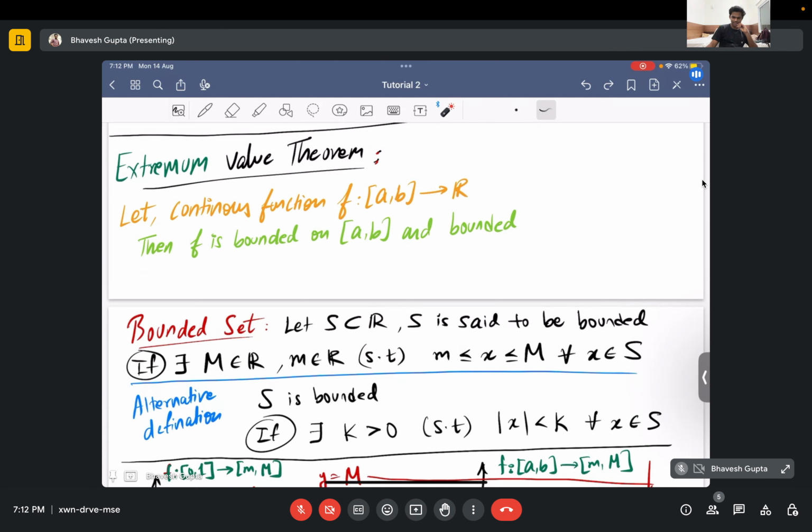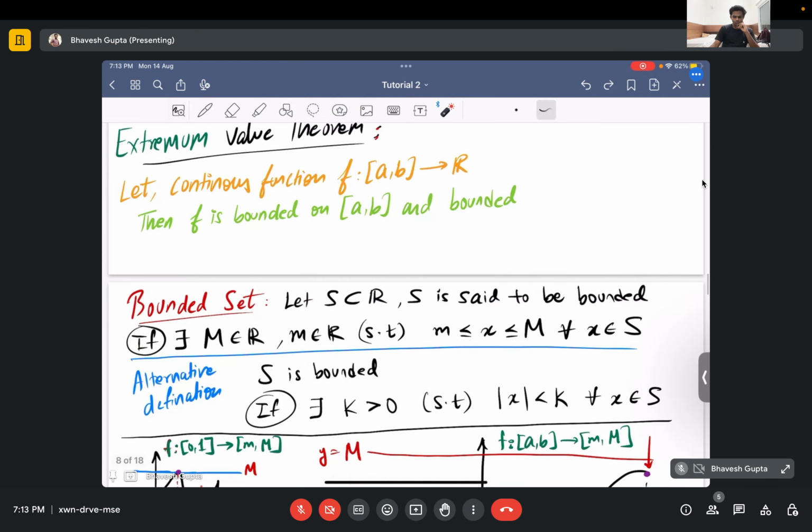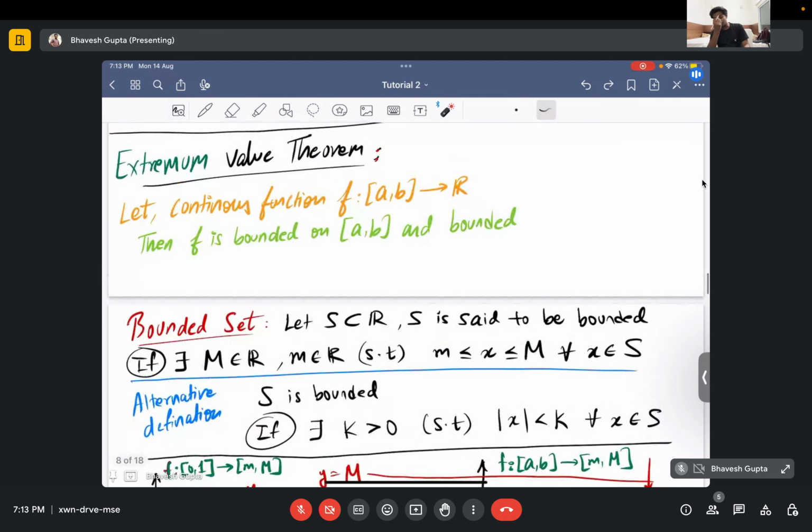Before starting this theorem, first I want to tell you about various ideas: what do we mean by bounded set, what do we mean by closed, what do we mean by open, what do we mean by interior? If all these ideas and jargons are clear to you, there are various definitions and theorems, and understanding those theorems will become very easy for you.